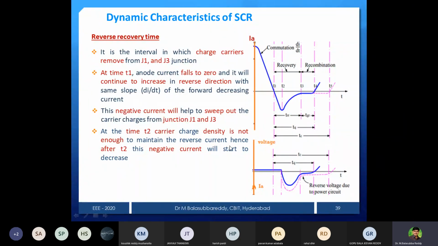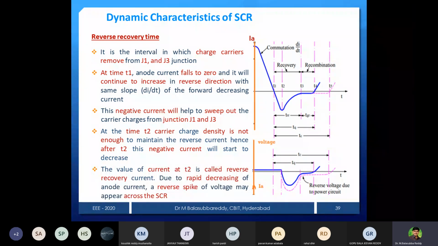Hence after T2 the negative current starts to decay. The peak current is called the reverse recovery current, and this time I call the reverse recovery time.